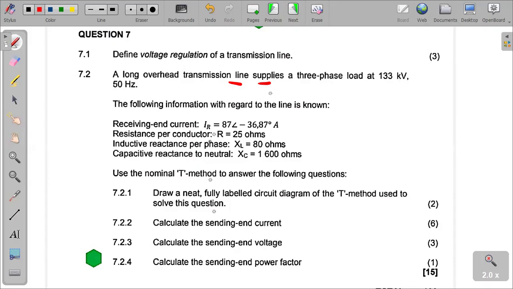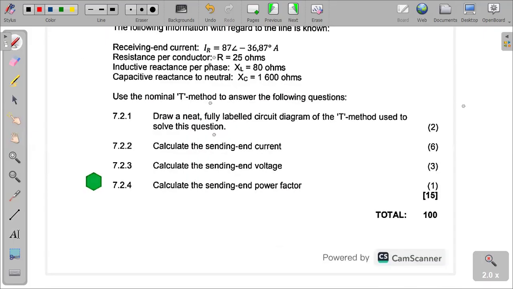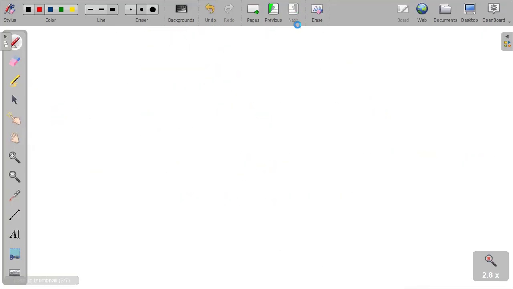Oftentimes, even if this question is not asked, I advise that you first draw the diagram. It serves you very well to know exactly which values you are going to be using. Here is our diagram. This is how it looks. So mark my resistor here.